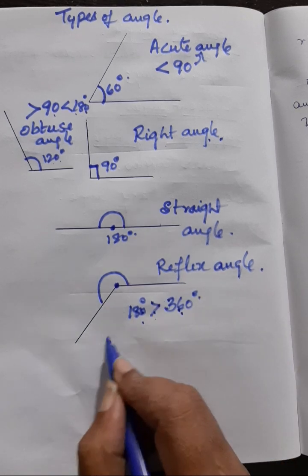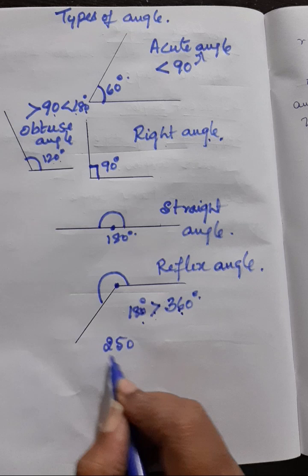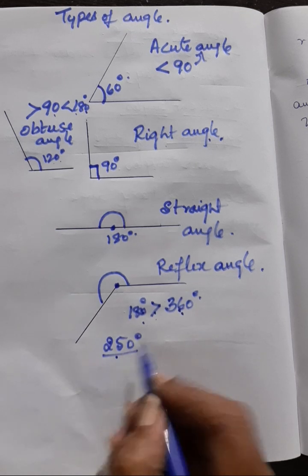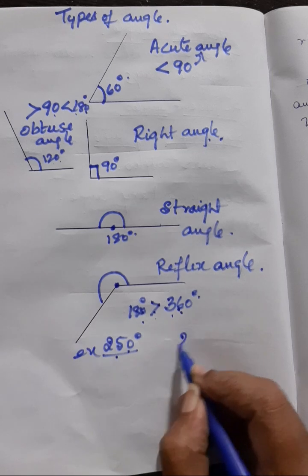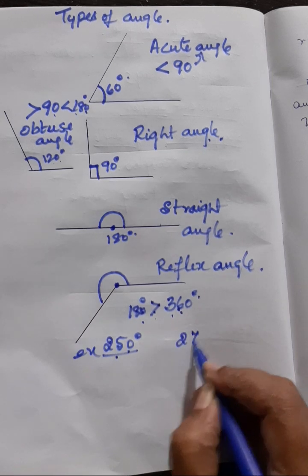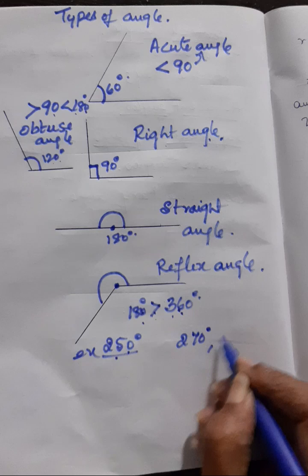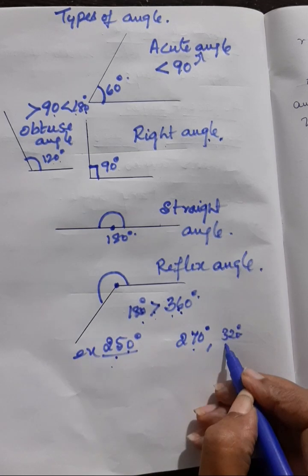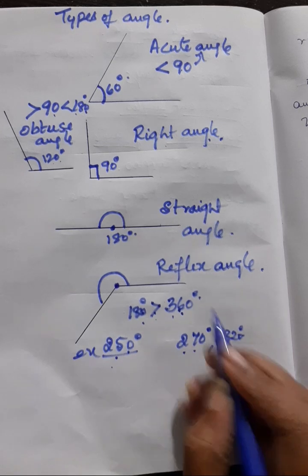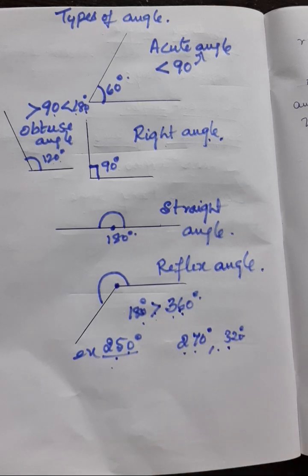For example, 250. See, this is more than 180 degree, less than 360 degree. Then 270, then 320. So all these are the examples for reflex angles.